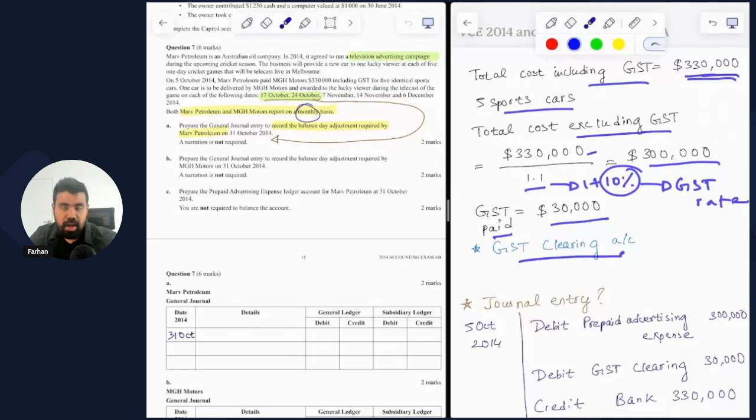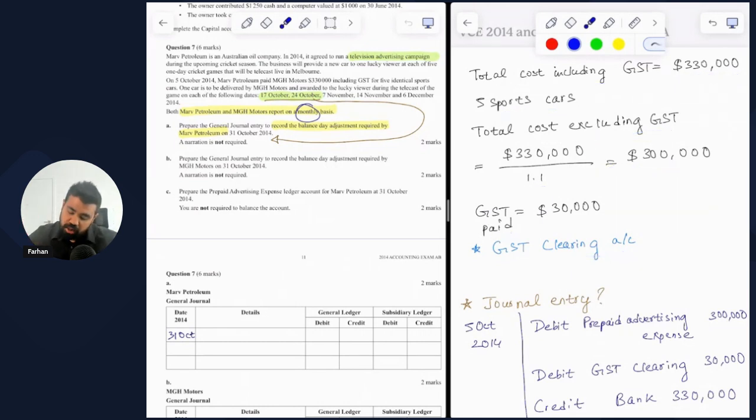So GST clearing account, generally in most cases you will see, is a liability account where you expect the business to collect more GST than it has paid, right? So this GST paid of $30,000 would be recorded on the debit side of the GST clearing account, which simply refers to the reduction in liability that we have with the ATO.